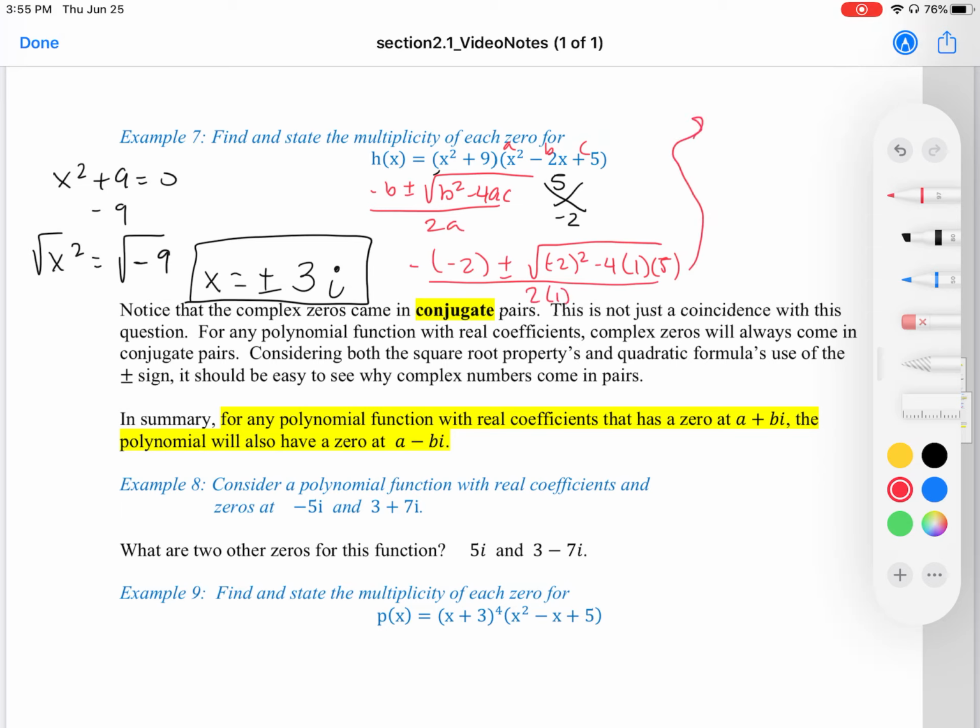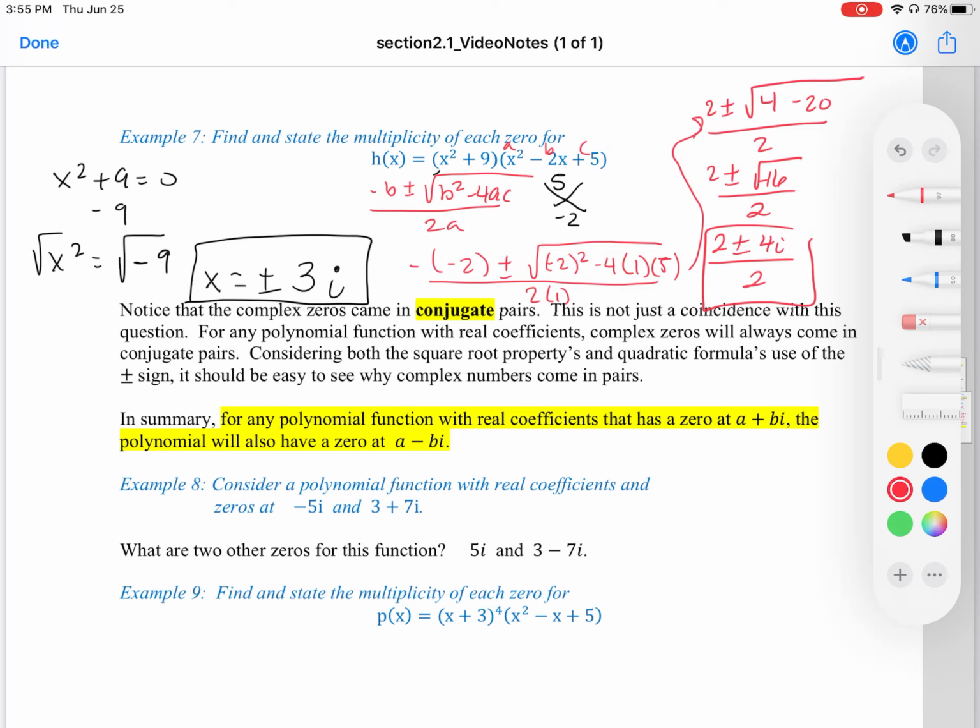So that gives us 2 plus or minus the square root of 4 minus 20, all over 2. So 2 plus or minus the square root of negative 16, all over 2. The square root of 16 is 4, but because we have a negative, it will be an i. So I have 2 plus or minus 4i, all over 2.